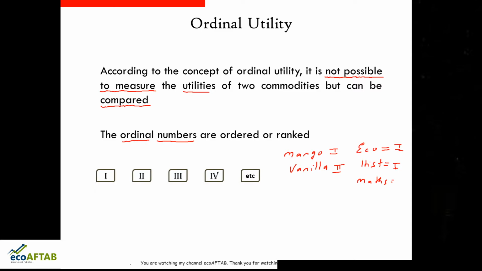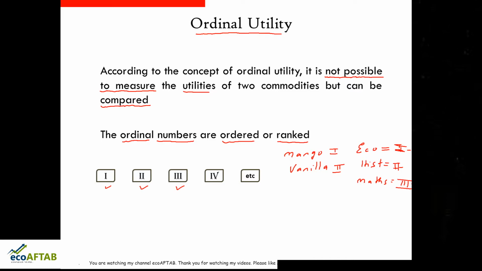So when they are giving their preferences, if I say first preference for economics, second preference for history, third preference for mathematics, this 1, 2 and 3 are over here. First rank, second rank, third rank, you are either ranking them or you are giving them a certain specific order. So when you are giving the order, it becomes ordinal utility.